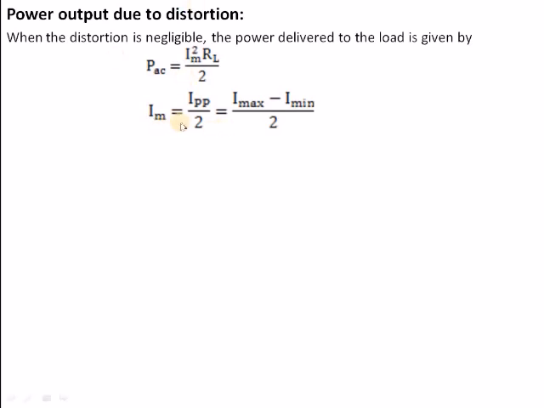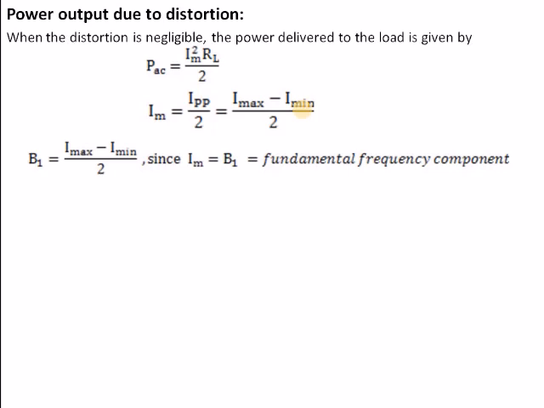The peak current can be calculated from the total peak to peak current divided by 2, which can be written as I maximum minus I minimum by 2, maximum value minus minimum value divided by 2.